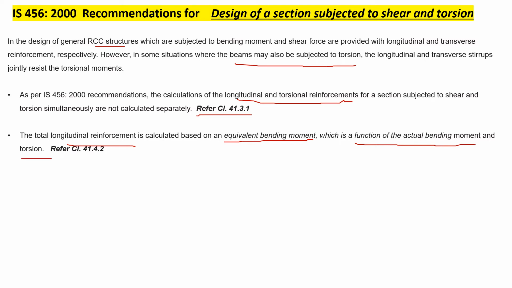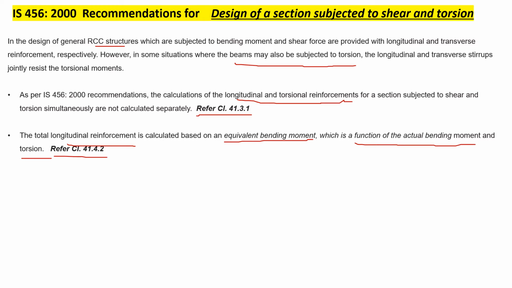So what the code is suggesting is that instead of designing the steel separately for flexural movement, that means bending moment, and separately for torsion, we will follow the codal advice mentioned in clause number 41.4.2, where the equivalent bending moment will be calculated.